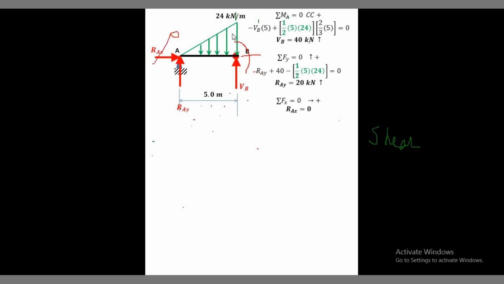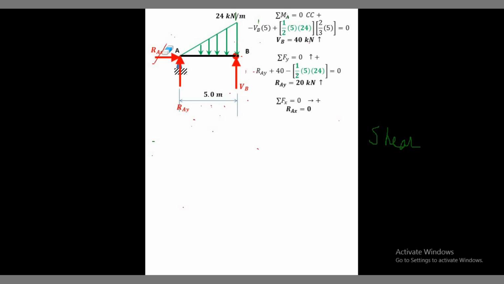Nag-zero out lang dito yung horizontal reaction, pati yung moment. You can double check that one. If I take moment at here, tapos si RAY ko is 20, makikita ninyo na yung moment at B is equal to 0. Kaya yung kinonsider ko na lang dito is the VB.